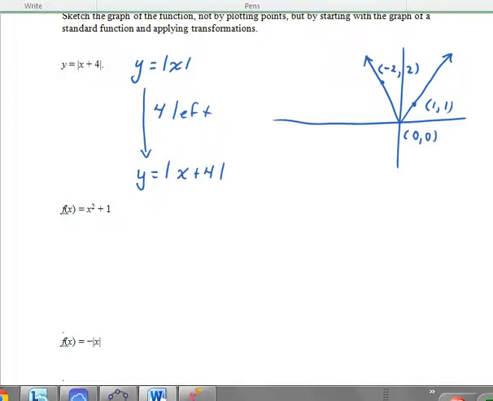Now we're going to graph the absolute value of x plus 4 by moving each of these points 4 units to the left.